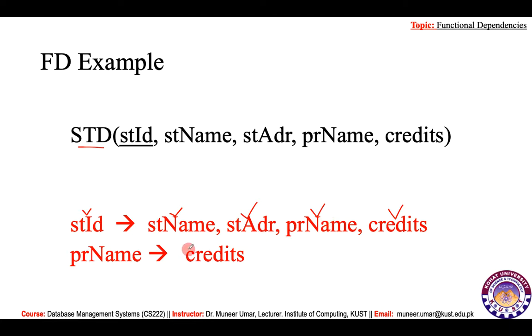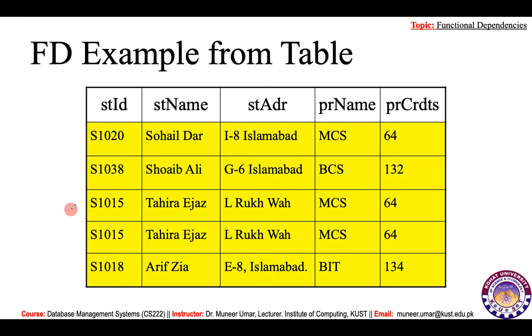And there is another functional dependency that is about the program. So if we have the program name, then we can get the credits of that program. So here student ID is a determinant. It determines the student name, student address, program name, and credits. And similarly, the program name is determining the credits. These on the right side are dependent, and these, the student ID and program name, are determinants. This is the table for the previous example.